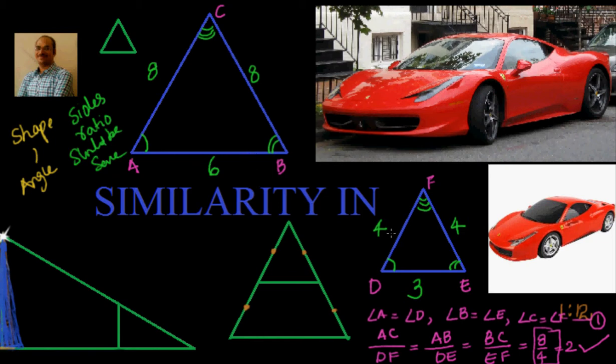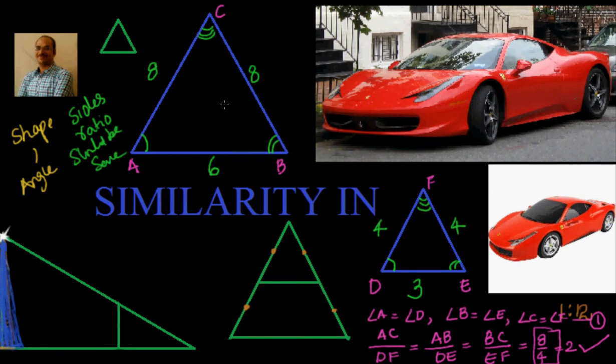So you can enlarge them or shrink them to make similar triangles. Also remember, similar triangles can be made congruent by scaling up or scaling down, that means by enlarging or shrinking them.